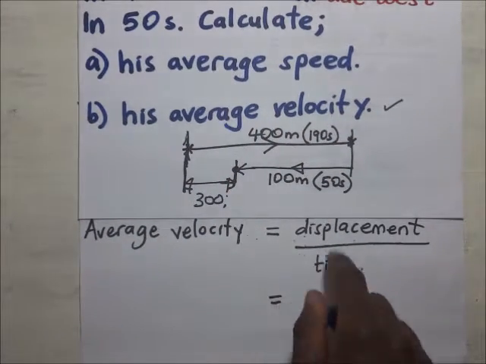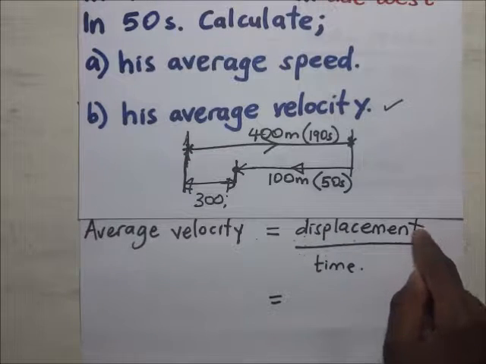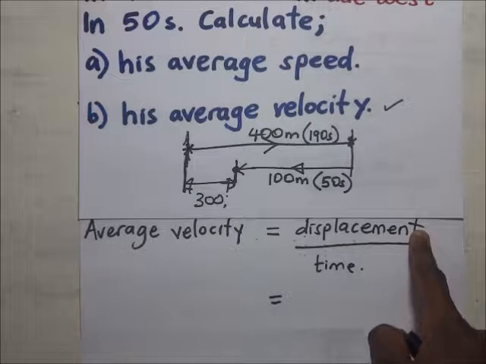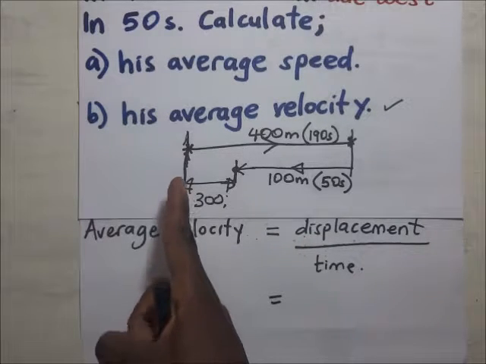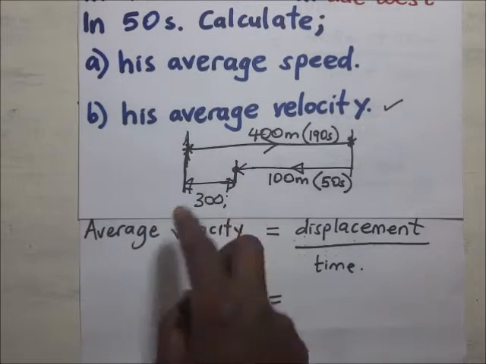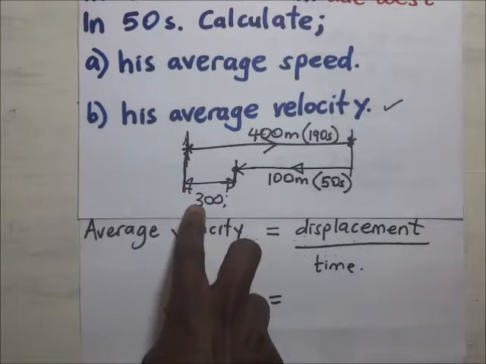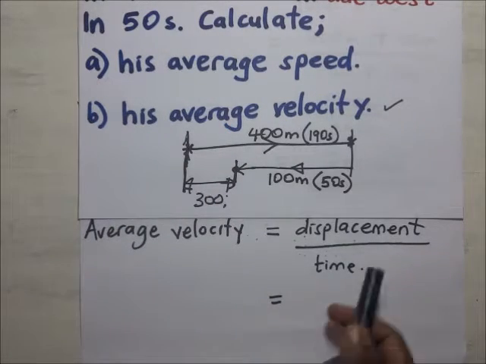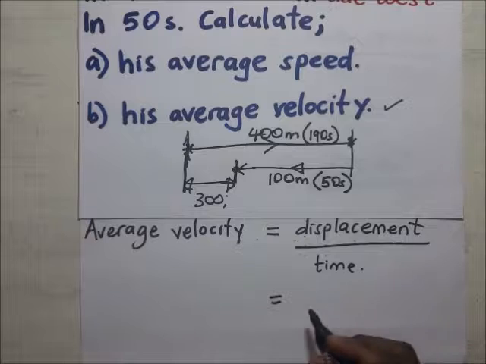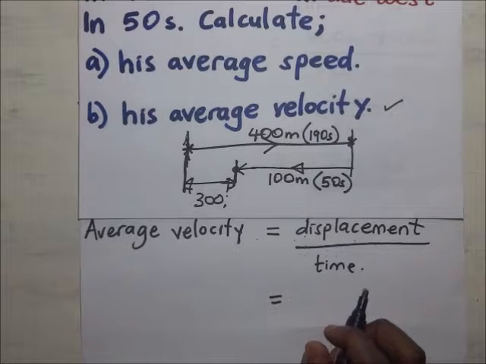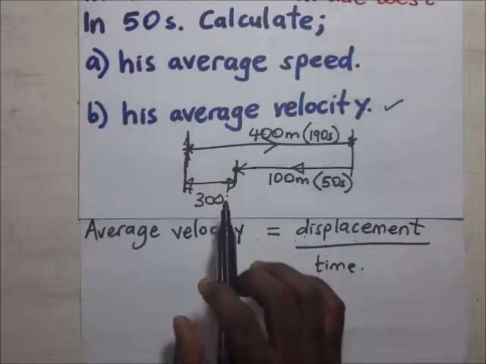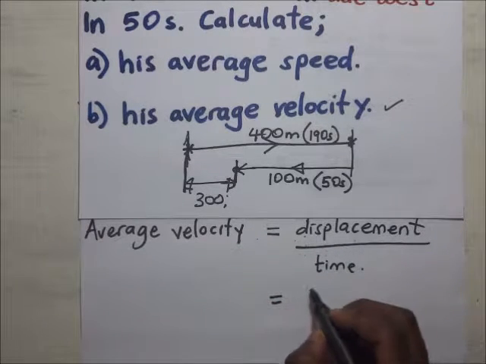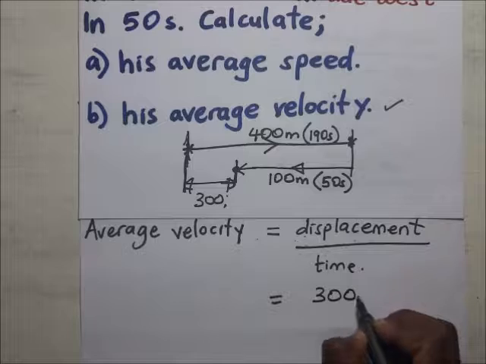But displacement, by definition, is the distance covered in a specified direction. So the displacement of this guy from this point to that point is 300, and it is in that direction. So the displacement is equal to, of course, 400 minus 100, remaining with 300. So we shall put it right there: 300 meters.